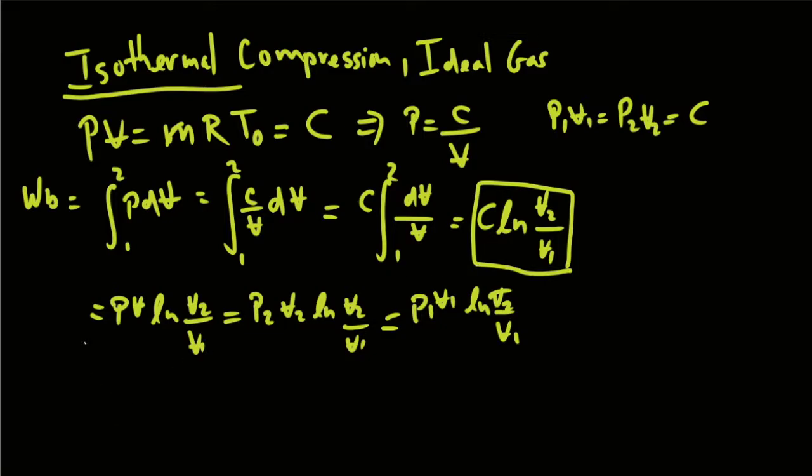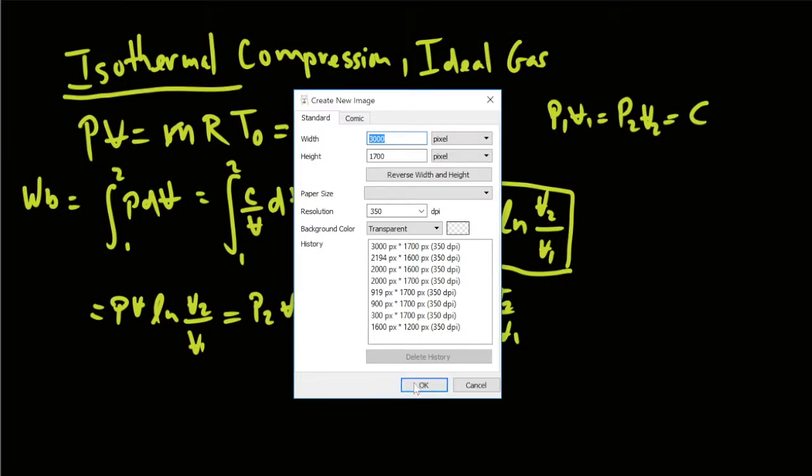Now we have another case. It's called constant pressure. For a constant pressure case, this was actually an example in the book too, and you can look at it even though it's in English units.